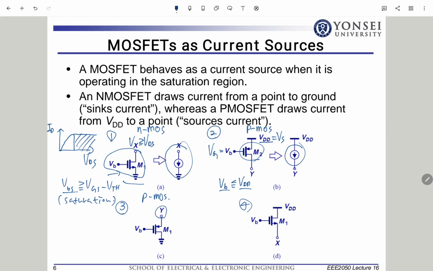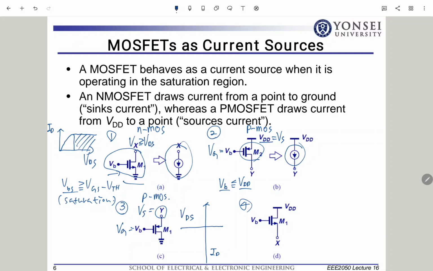So if we plot ID versus VDS, what is going to happen? Here is VG and here is VS. We see that VS is varying.